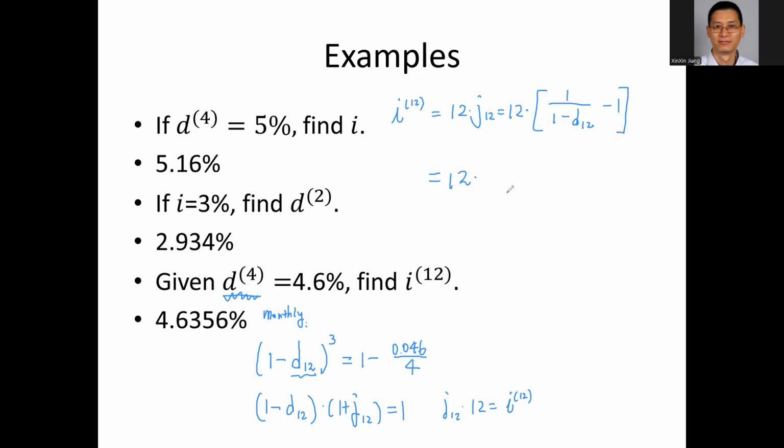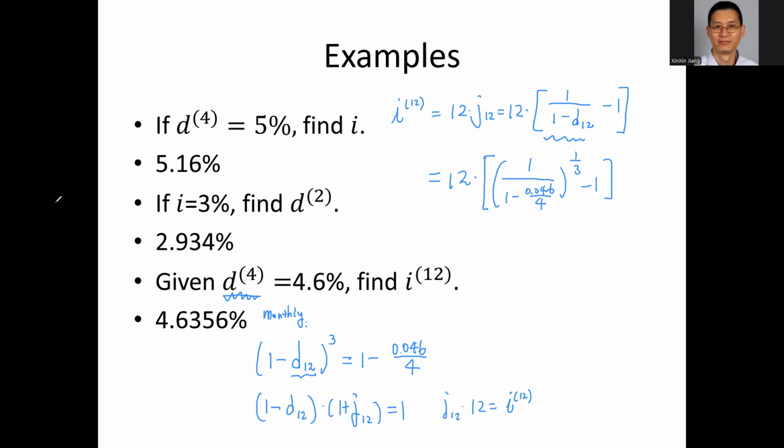It's on the bottom, so it's 1 minus 0.046 over 4. It's on the bottom. And then you raise the power by 1/3. It's the quarterly thing. This is this quantity minus 1. So we have this formula. Okay.